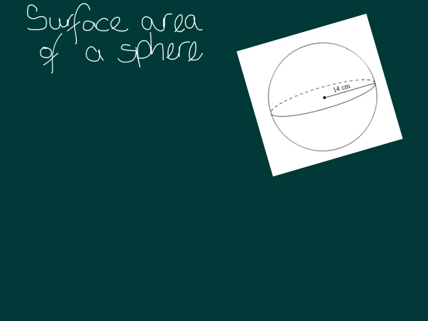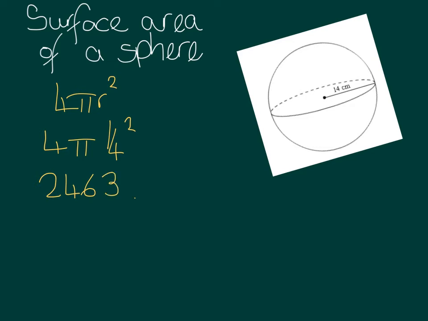Okay, next one is surface area of a sphere, which if we look on our formulae will be 4 pi r squared, and using this image we've got 4 pi 14 squared because the radius is 14. So all we need to do is multiply that all together and we should get 2463.00864.